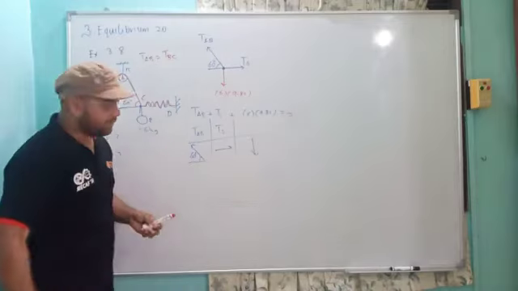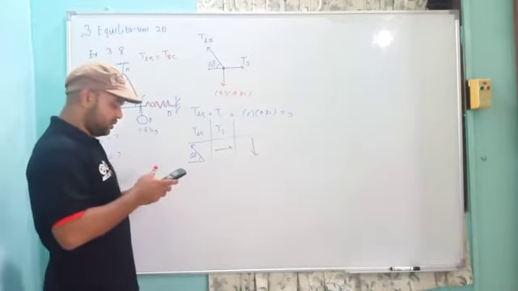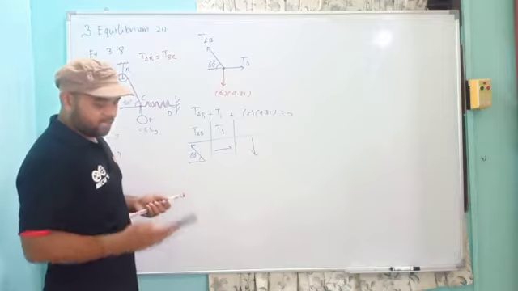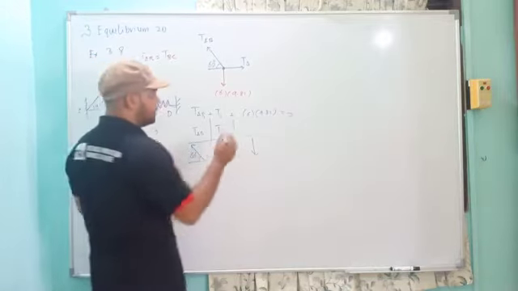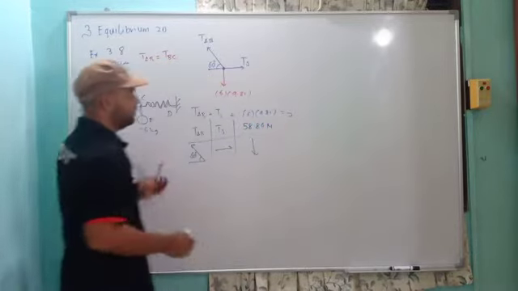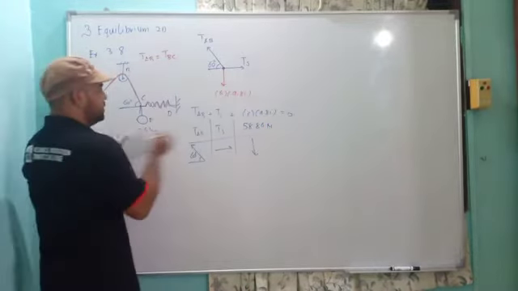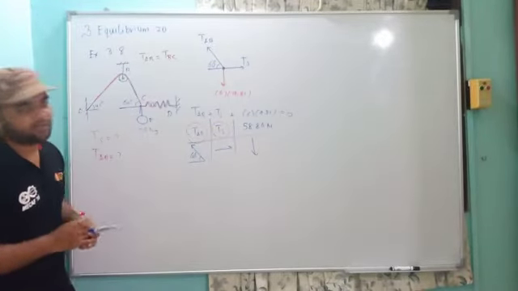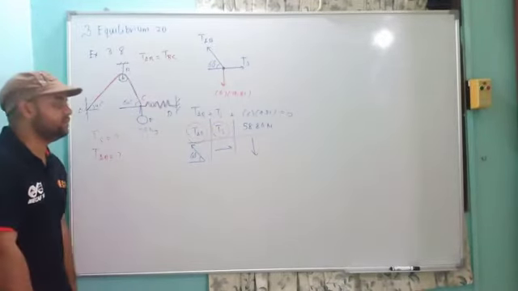Let me calculate directly: 6 times 9.81, so you have 58.86 Newton. So you have these two unknowns, TAB and TS.